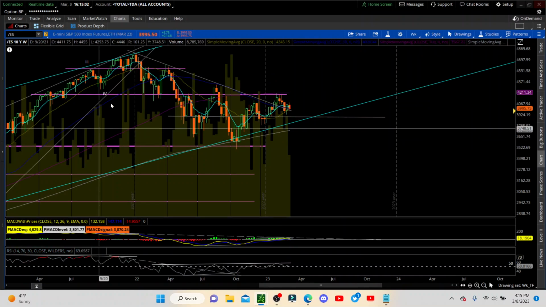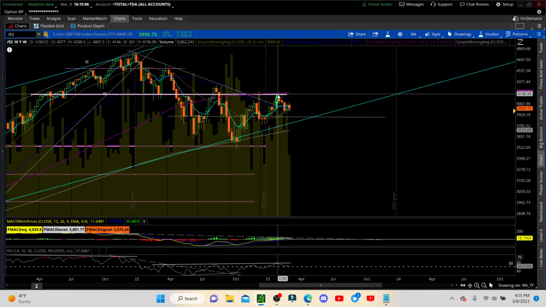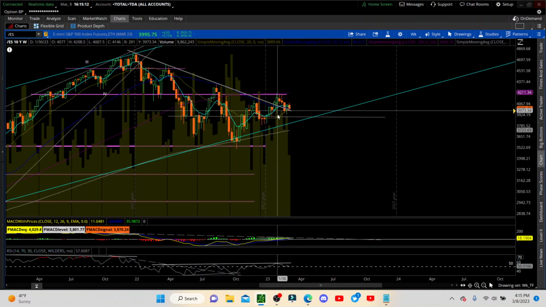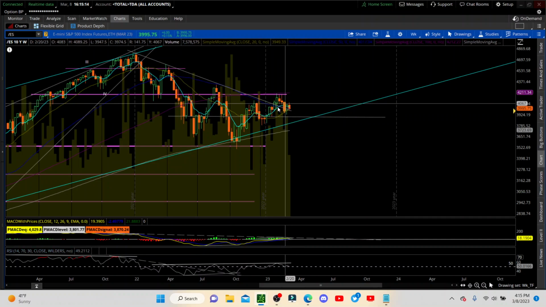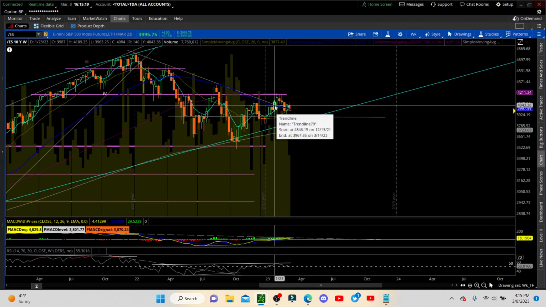On the weekly time frame, fell from this ascending triangle, lower highs, lower lows. We're in a downtrend. We are still in that downtrend. This is a lower high right into resistance. What we are concerned about, either if you're bull or bear, is just this area. We're really just crunched up here. We're trying to hold the channel or downtrend line.